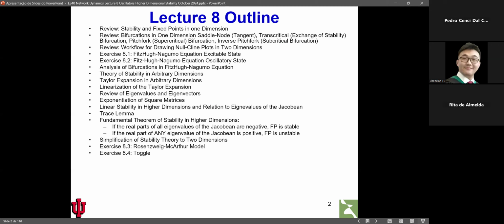Now you see what's happening with the FitzHugh-Nagumo equations in 2 dimensions, and what the stability of the fixed points has to do with the behaviors. Then we do the analysis.